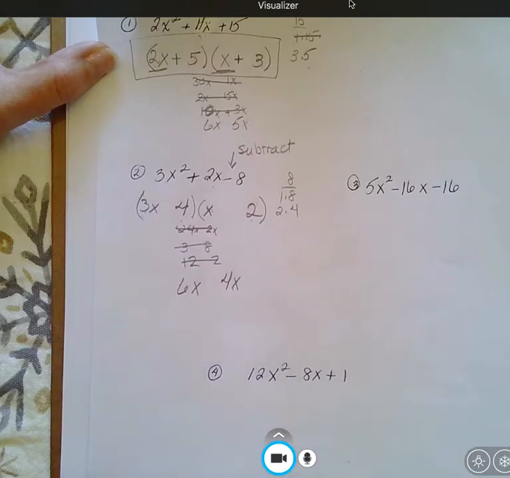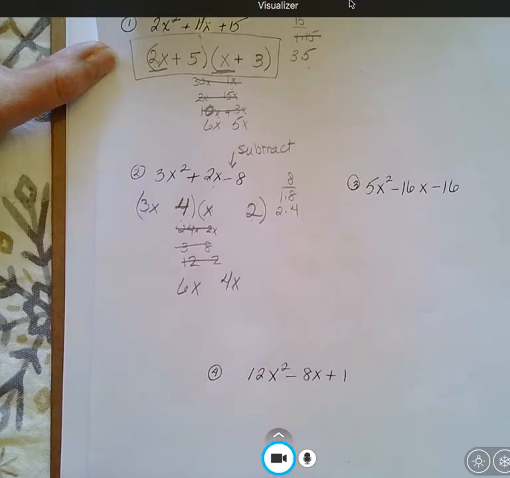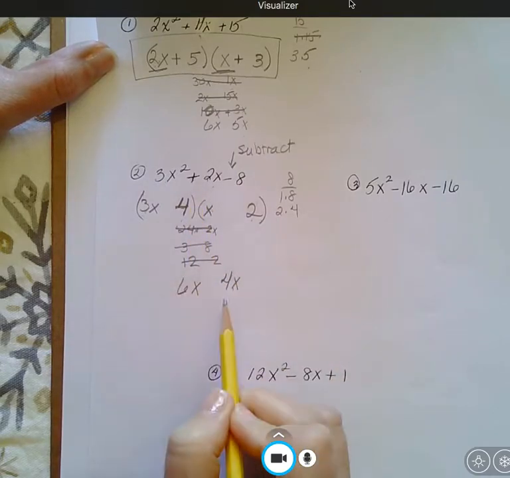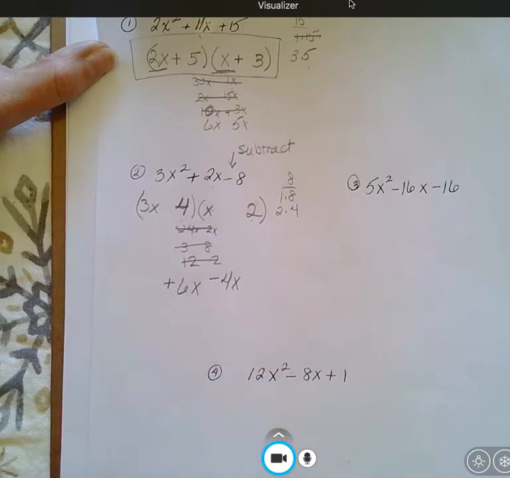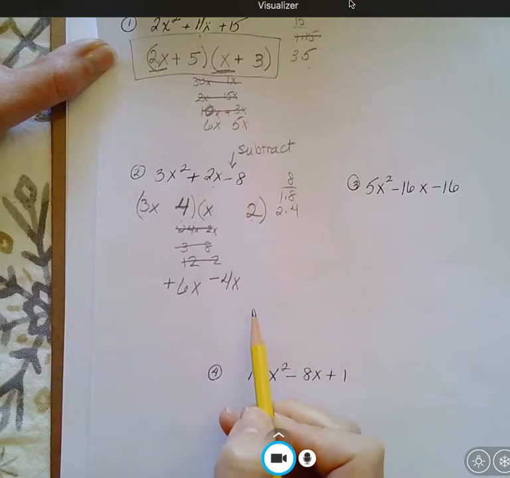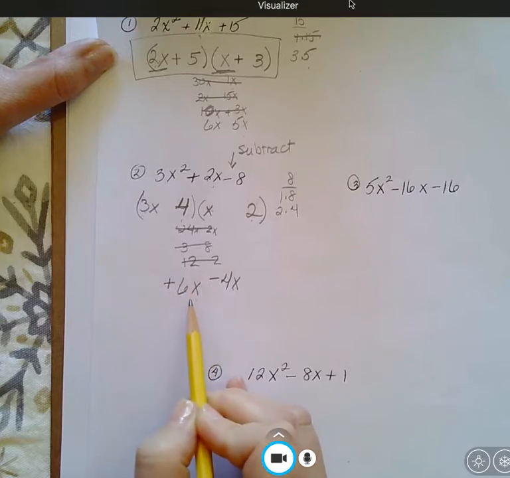We're still missing our signs. So let's figure out what the story is with the signs. Well, that's a positive, so when I combine these, I need to have a positive. So that's the positive and that's the negative, because 6 minus 4 gives you a positive 2. Now when I multiply to get this 6x, that has to give me a positive.